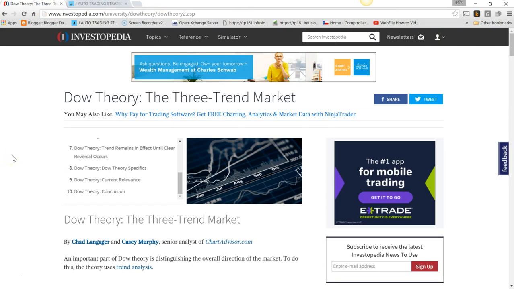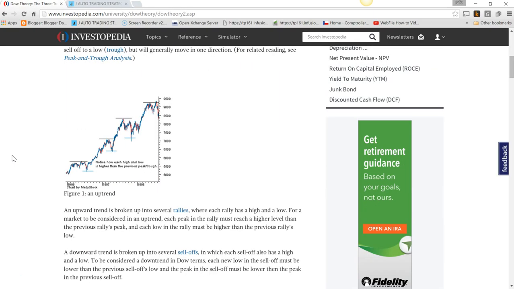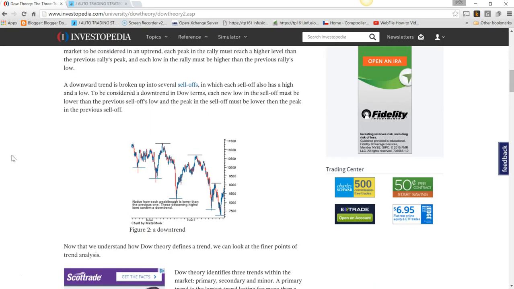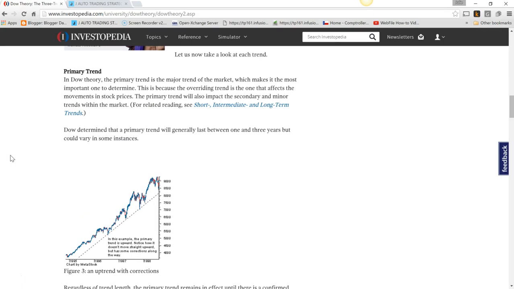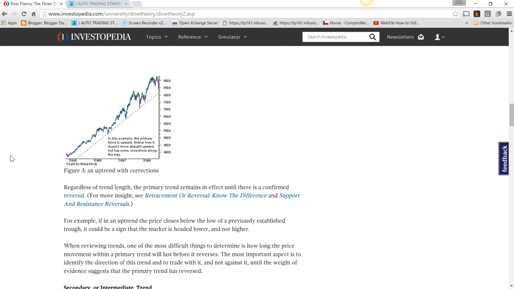Dow theory first. How do I approach the market? Very simply, higher highs and higher lows, and lower highs and lower lows. That identifies the trend.